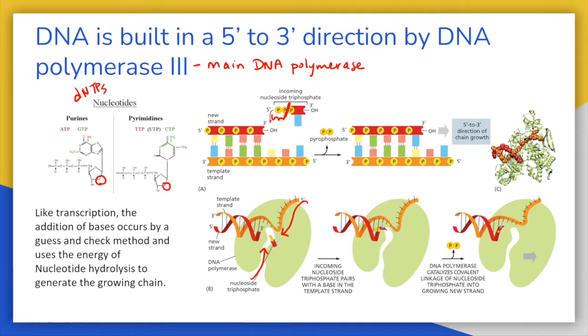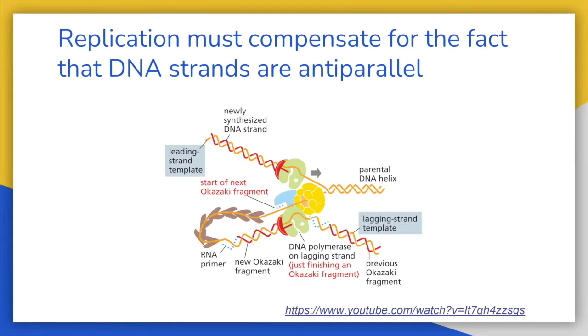So again, as we look at the bottom, what we see is that the chain itself that's growing is shown in red. It's growing from 5' to 3'. And the chain that it is reading is in orange, running from 3' to 5'. And new nucleotides will get added at the 3' end of the growing chain.